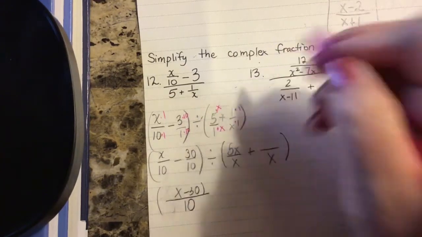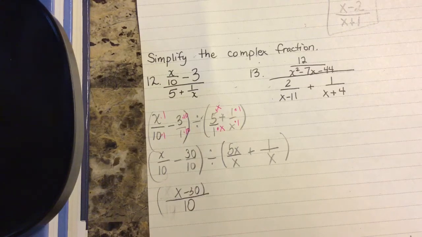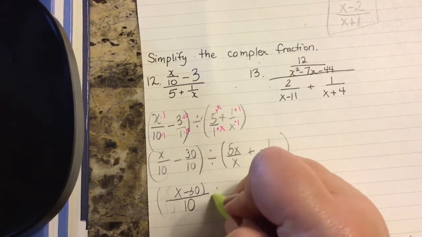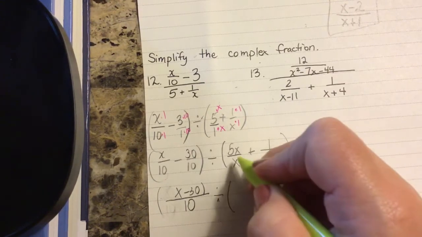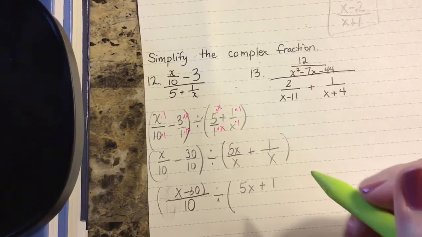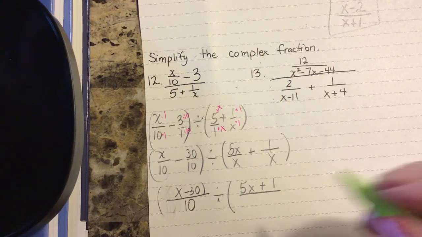Multiply by 1. Okay, then I'm going to put these together. I have 5x plus 1 over x.